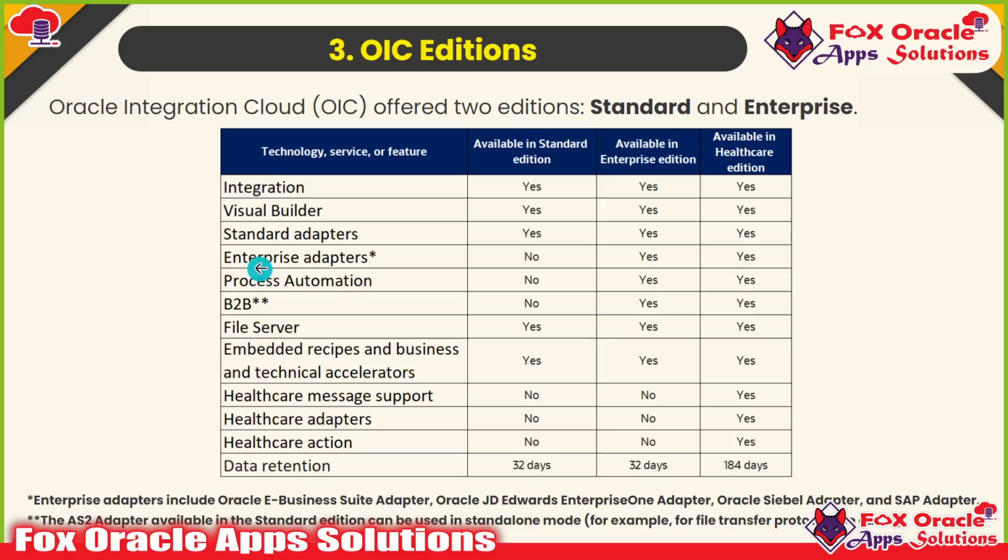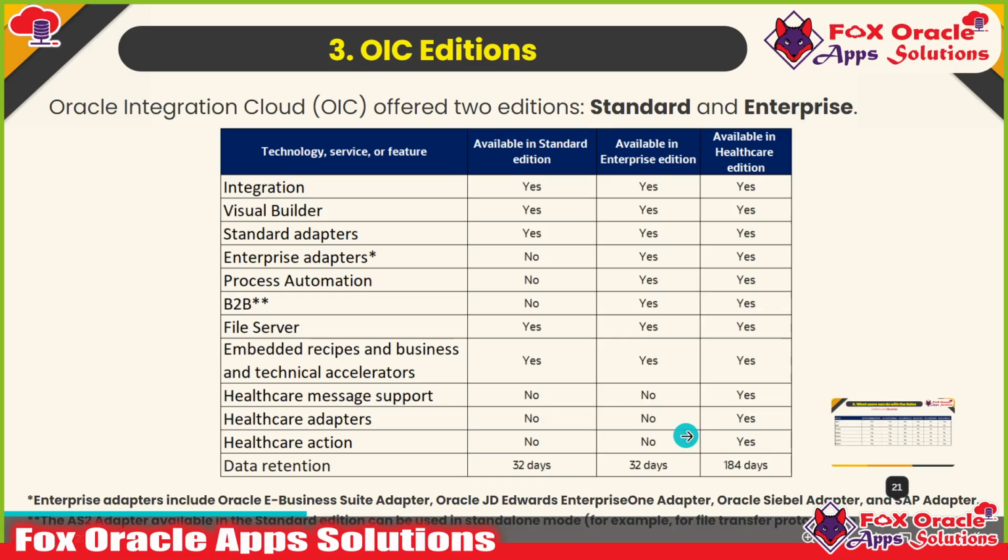But yes, there are enterprise adapters, a few examples of which you are able to see, that obviously they mentioned: the Oracle EBS adapter, Oracle JD Edwards, and some other adapters like the SAP adapter and all.